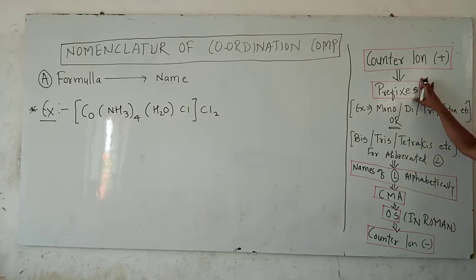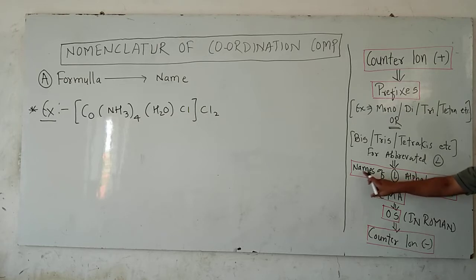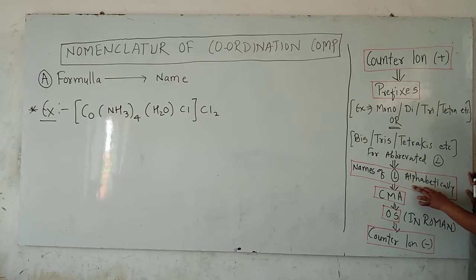After writing prefixes, you have to write the names of ligands, and these names of ligands you have to write alphabetically. Then the name of the central metal atom, the oxidation state of the central metal atom in brackets in Roman, and at last, if a negative counter ion is there, that will be written at last.